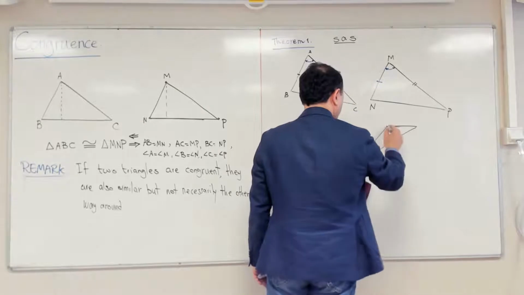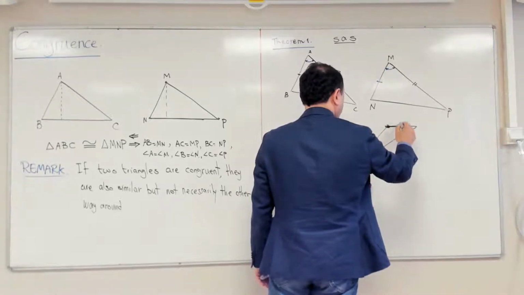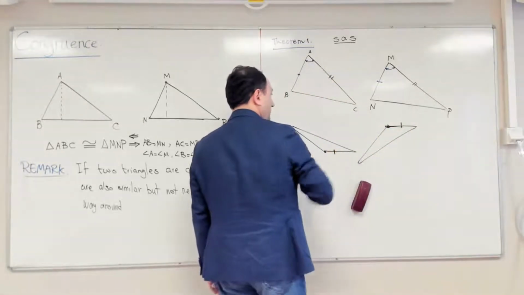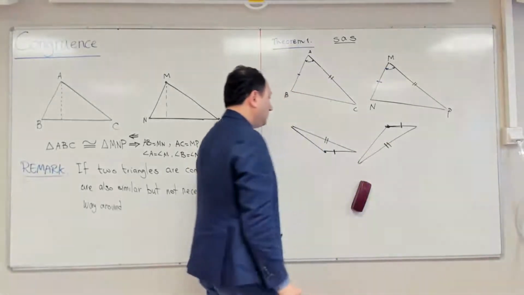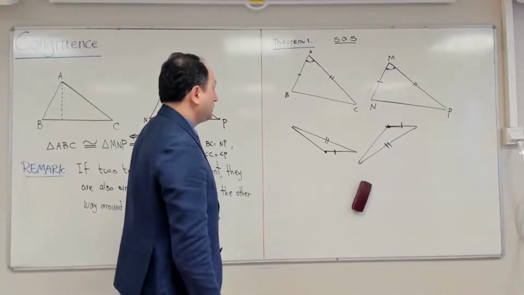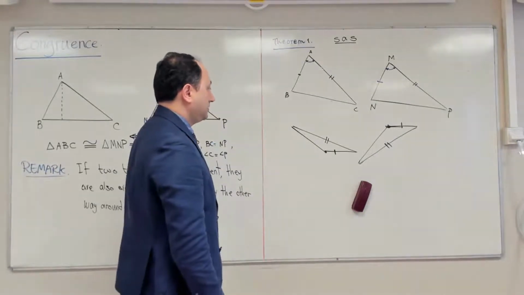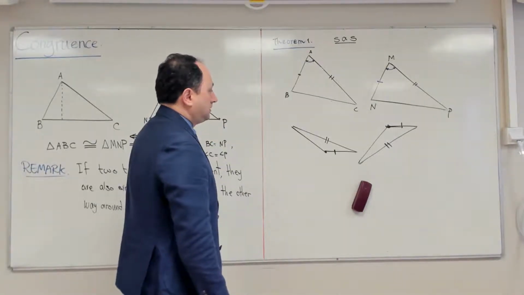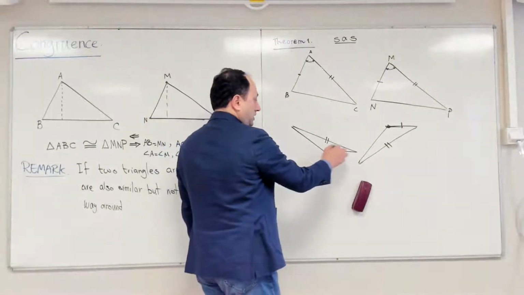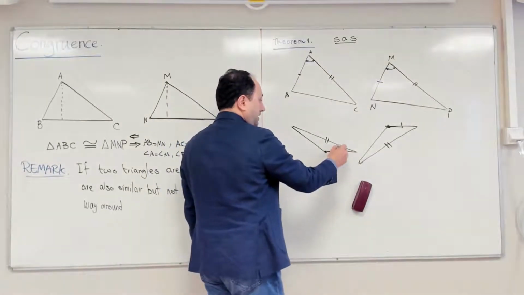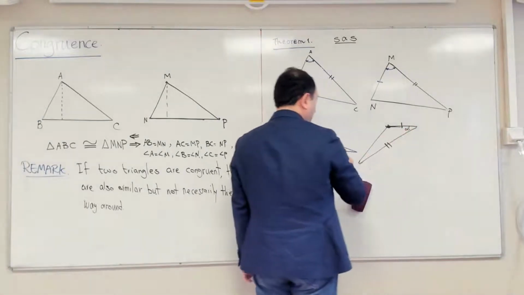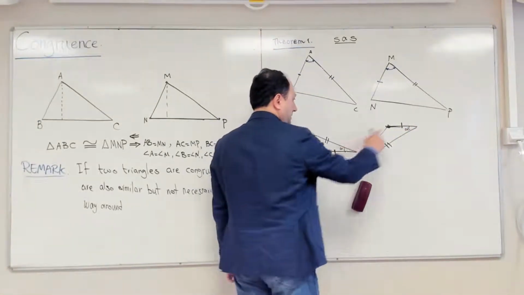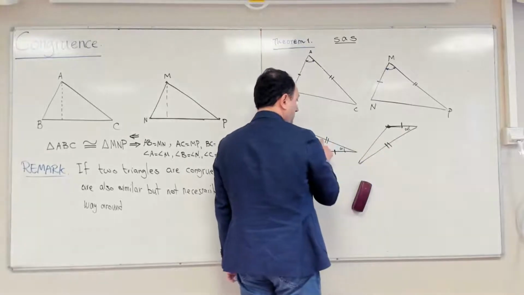If someone tells me that this side is equal to this side, and this side is equal to this side, which angle should I consider if I want to use the SAS theorem? The angle between these two sides. So someone should tell me that alpha is equal to beta.